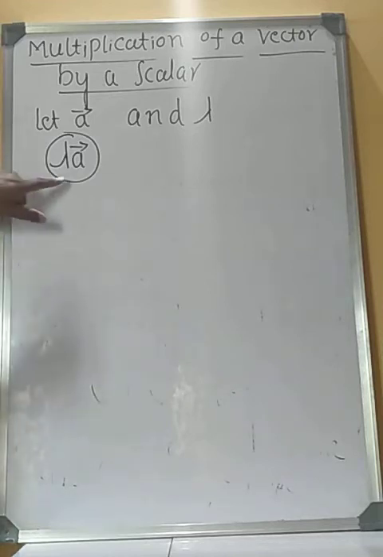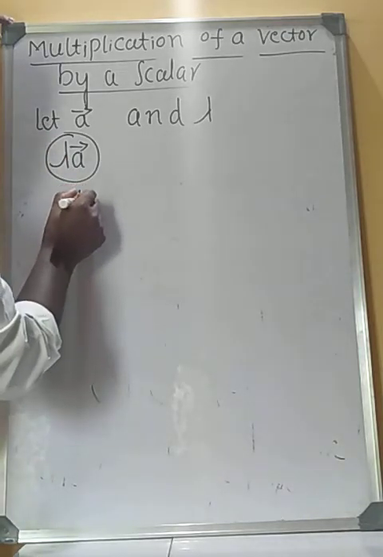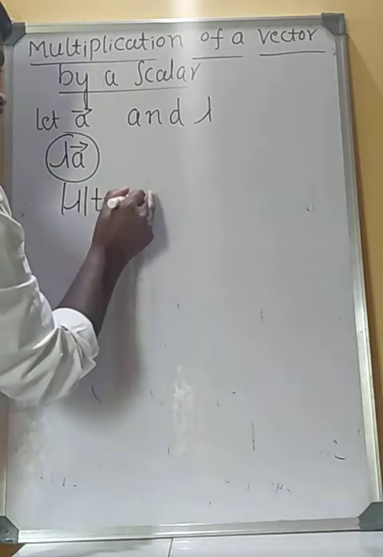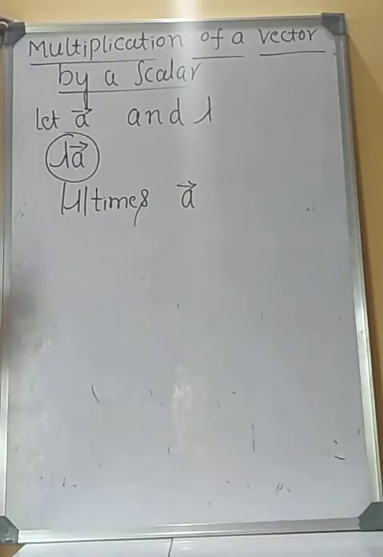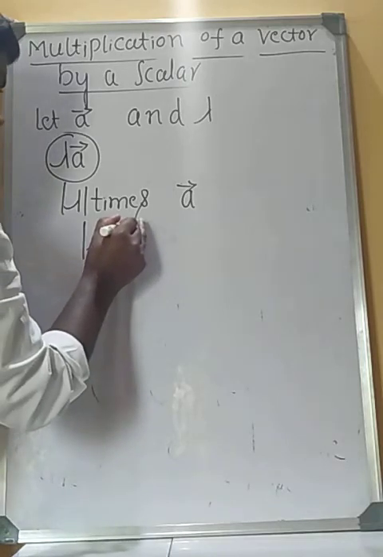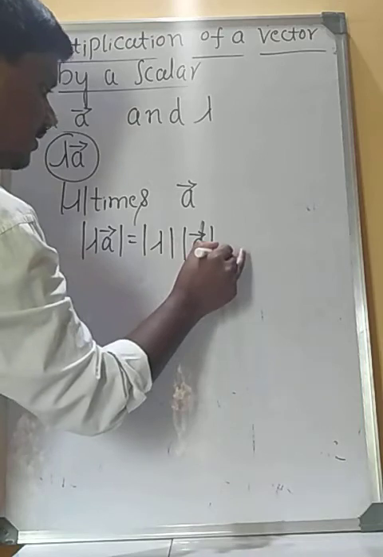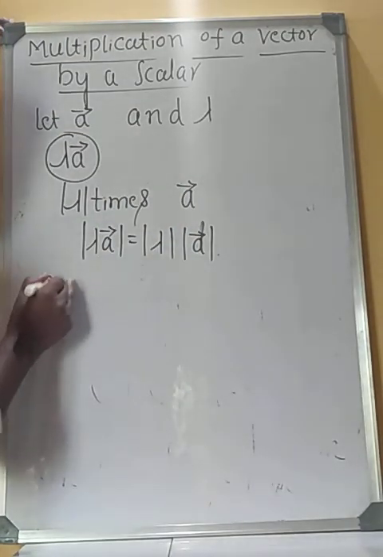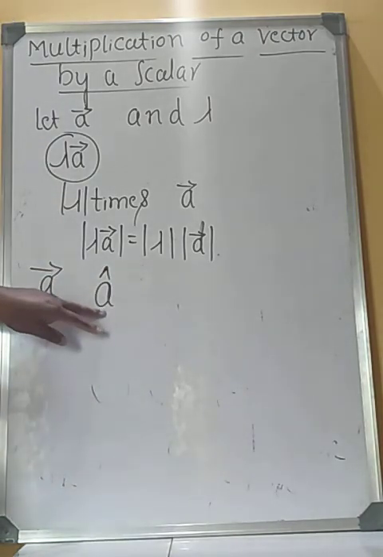The vector lambda A has the same direction as vector A according to the sign of lambda, and the magnitude of lambda vector A is equal to the magnitude of lambda times the magnitude of vector A. For a given vector A, the unit vector in the direction of vector A is denoted by A cap.